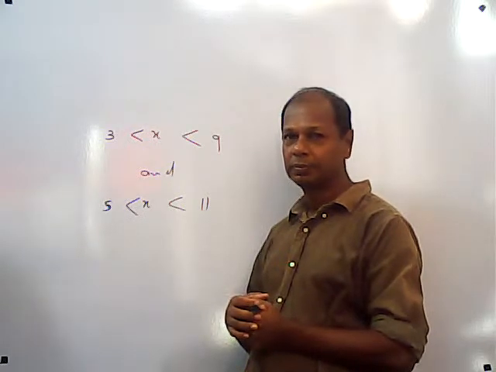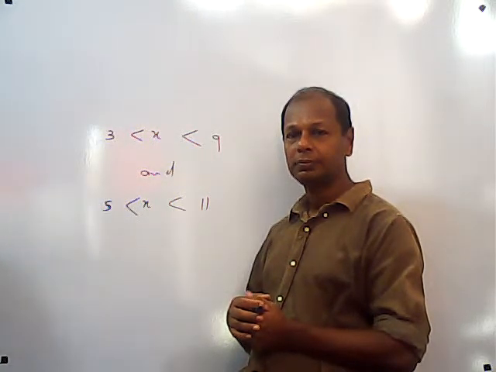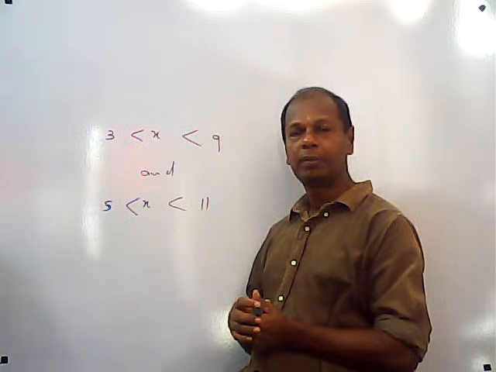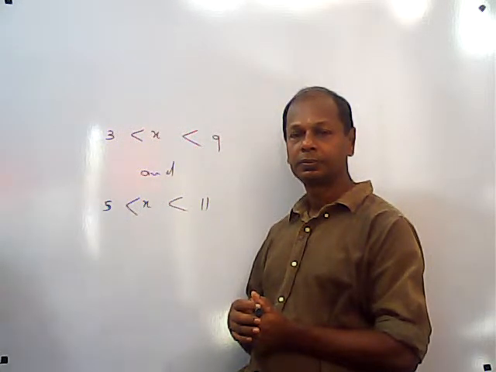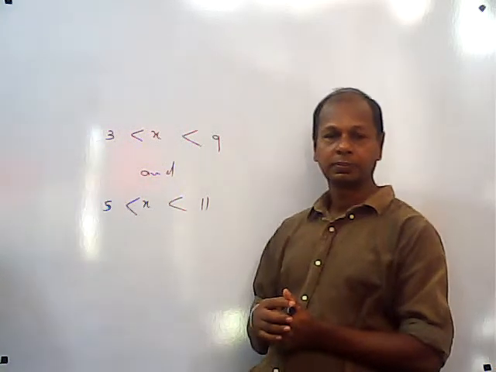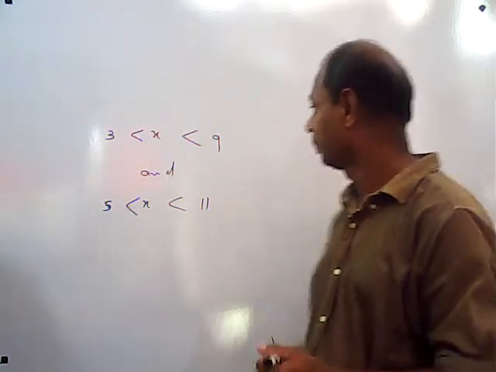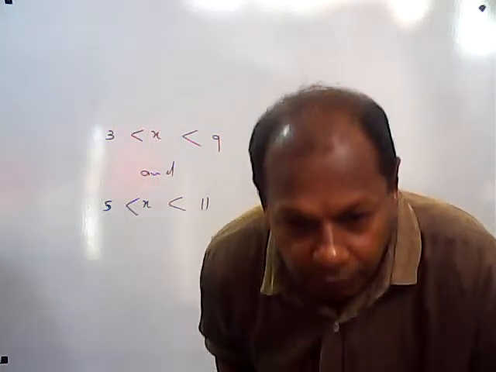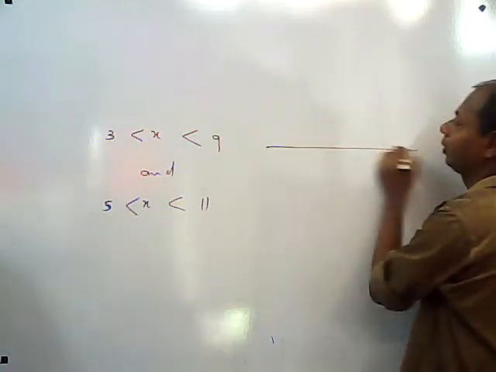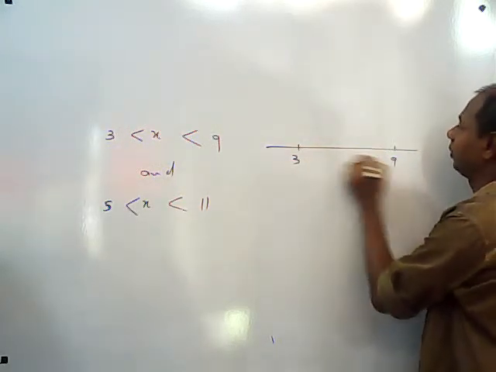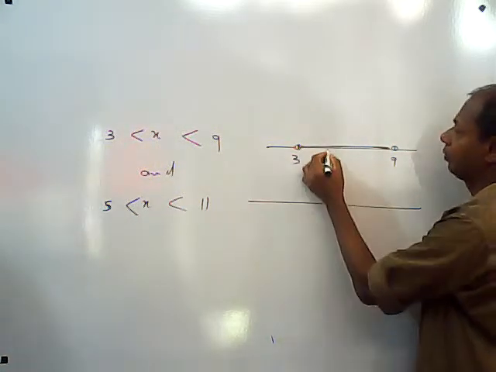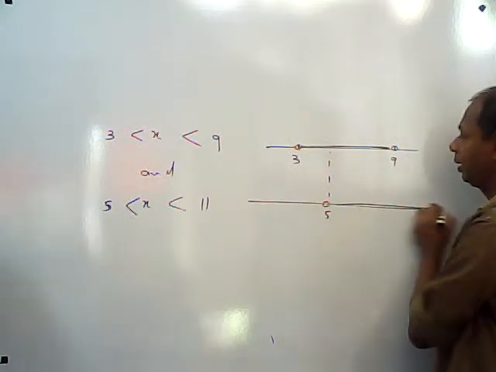Look at it by drawing. I think I covered these in the lesson on intervals. Draw it and see. The answer is 5 to 9. This one is 3 to 9. The other is from 5, which is somewhere here, to 11.